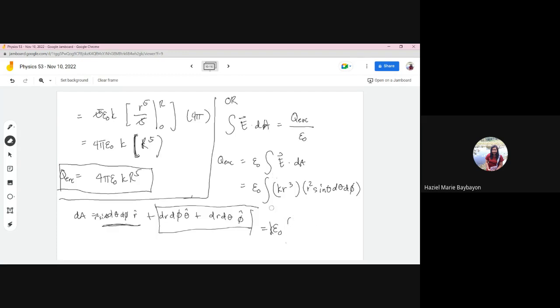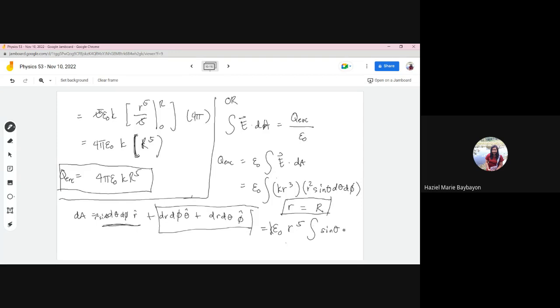So here, you have epsilon naught k r cubed r squared sine theta d phi, since your r is equal to R. It is a surface integration wherein r is equal to big R. So we can directly substitute r to the 5th, and we will integrate only this one.